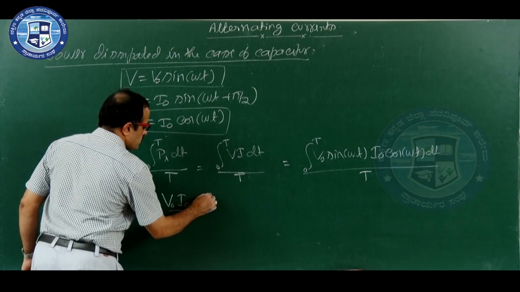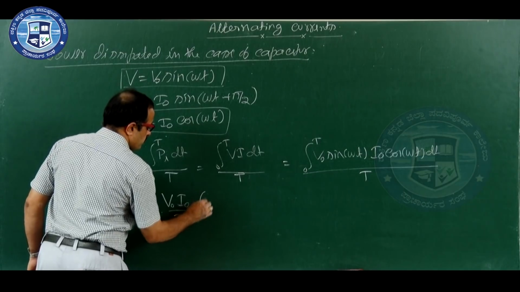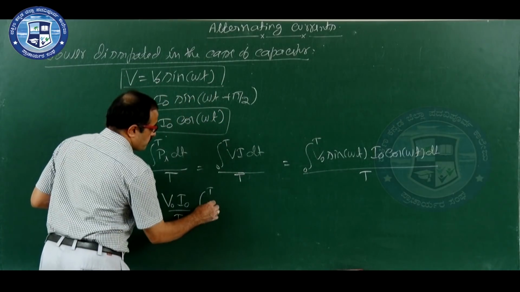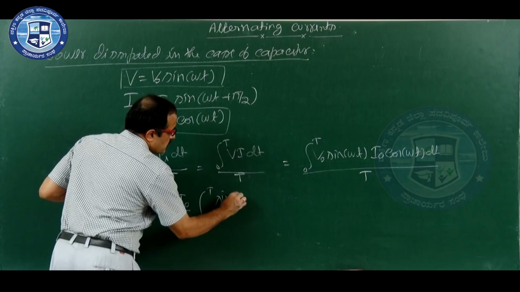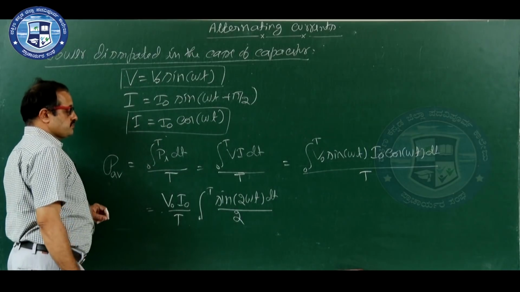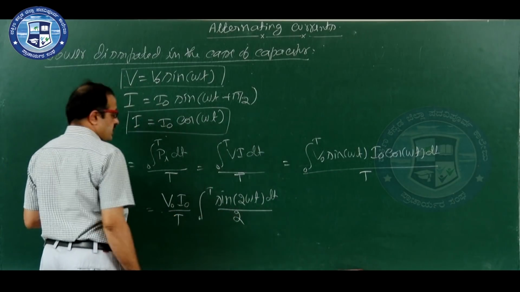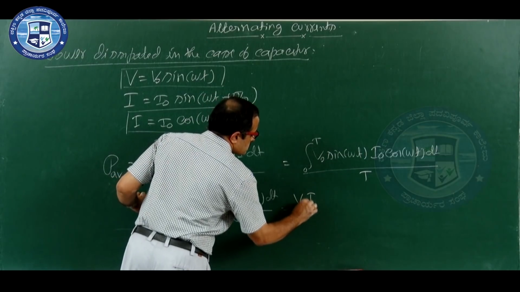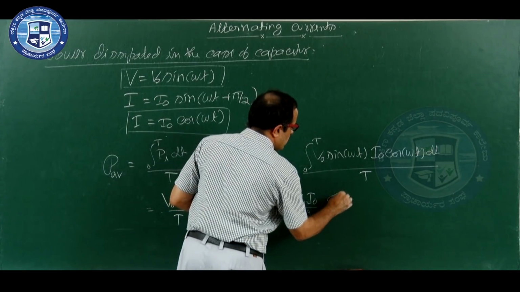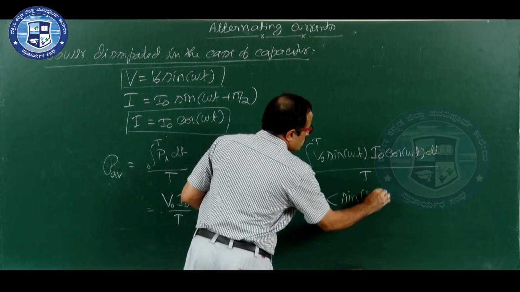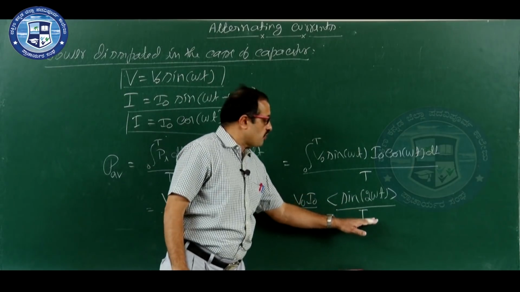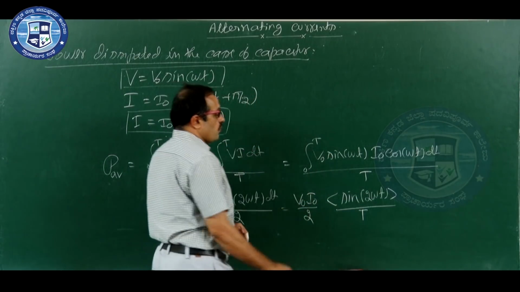It is the integration of sin omega t into cos omega t, which is sin 2 omega t divided by 2. Now we can take 2 outside, so it is V naught I naught by 2, and what is this? It is the average value of sin 2 omega t over the complete cycle. What is the average value of the sine function over the complete cycle? 0. Therefore, the answer is 0.